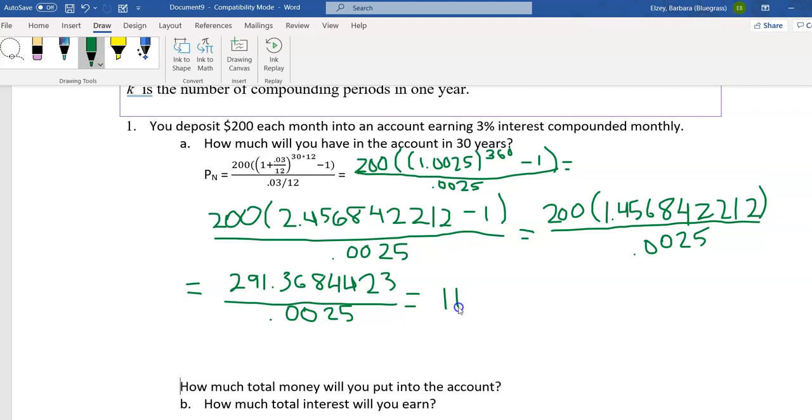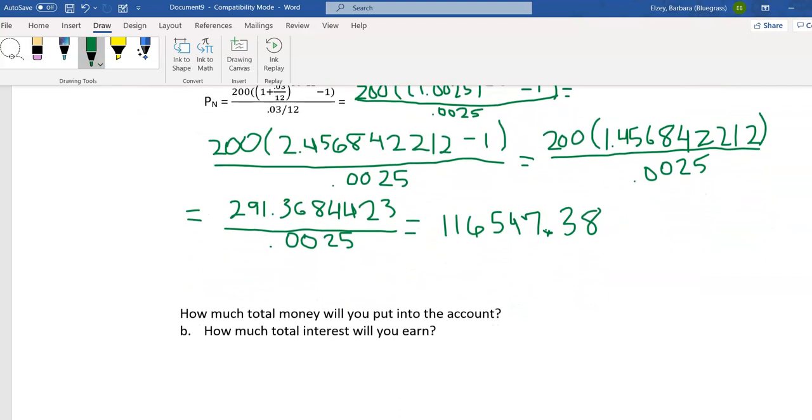So we have $116,547.38. So after 30 years, our $200 deposit has earned quite a nice little amount for us, which kind of shows how retirement works when you're adding to an account for 30 years. And usually it's more than $200 a month and your employer is adding to something. This ends up being more like $300,000 in 30 years.